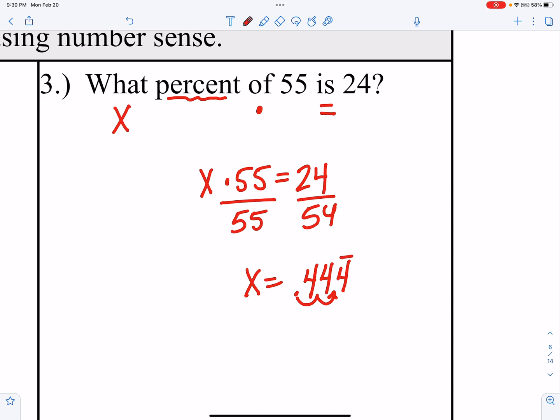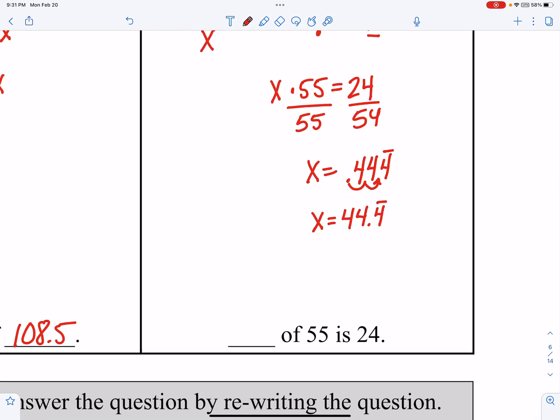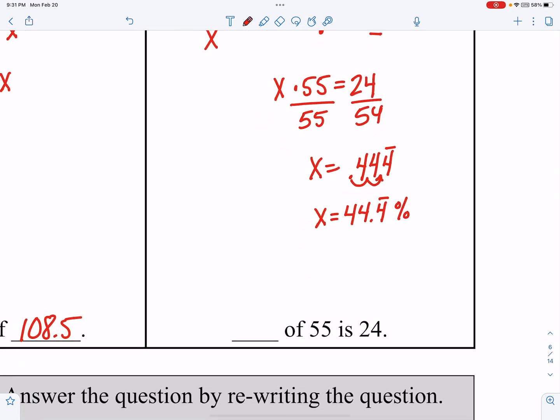That leaves me with x equals 43.6, and I still have to show that that is a repeating number, and that is now a percent. So 43.6 repeating percent of 55 is 24. That makes sense because we know that half of 55 is 27.5, so it makes sense that a little under 50% is 24.